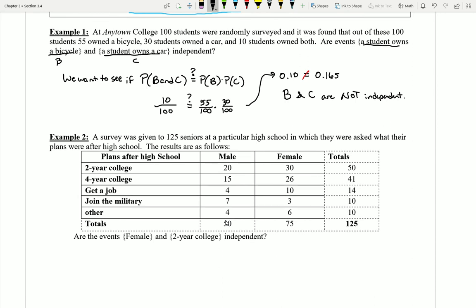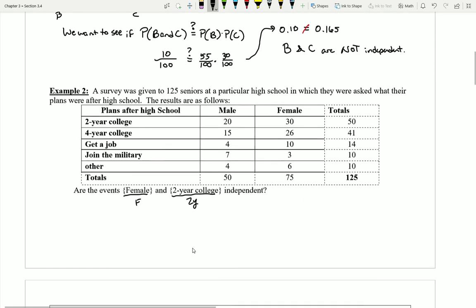Example 2. A survey was given to 125 seniors at a particular high school. They were asked what their plans were after high school. The results are as follows. So you can see the breakdown for males and females. And so here's our question. Are the events female, let's mark that with F, and 2-year college, I'm going to mark that with 2Y, independent?